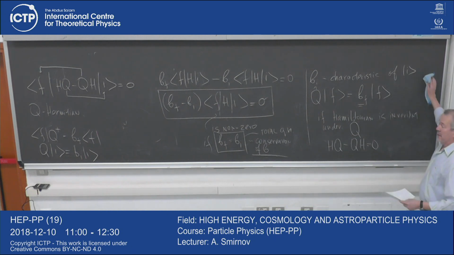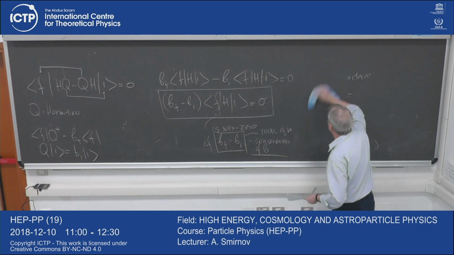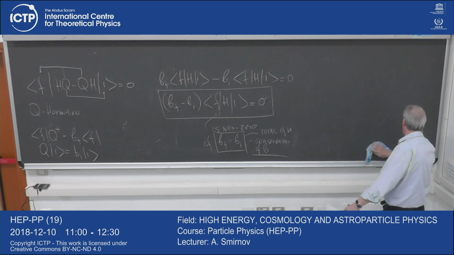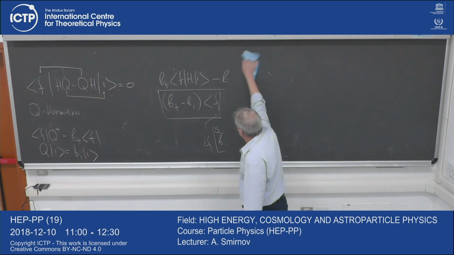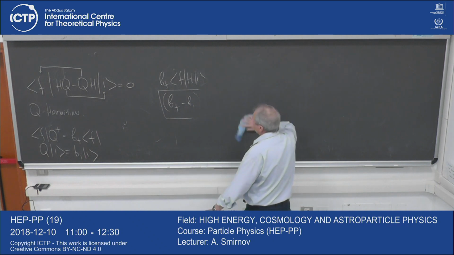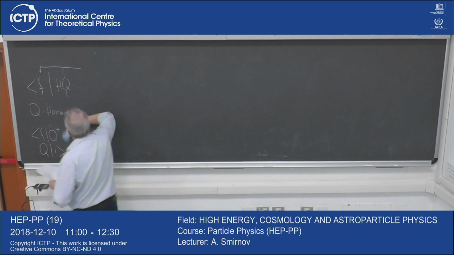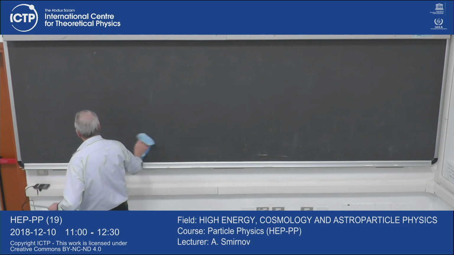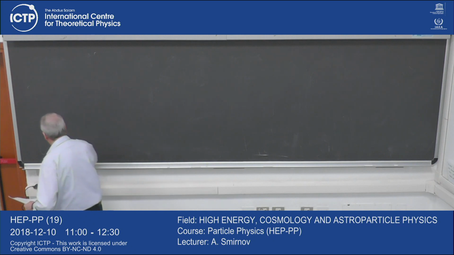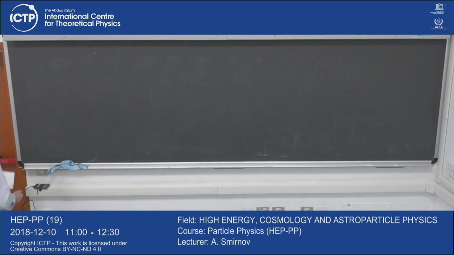And now we will go to parity. Again, in spite of the fact that this is a very simple symmetry, it has extremely deep and important consequences. And maybe I should first write that the way we will consider different symmetries is the following.